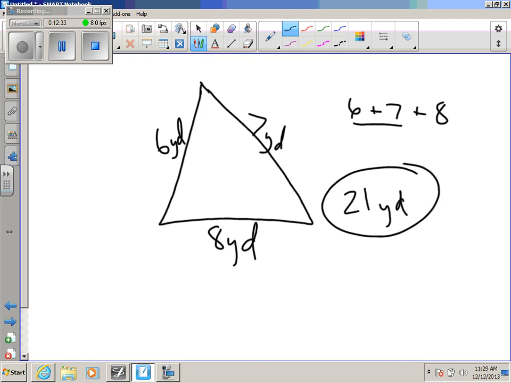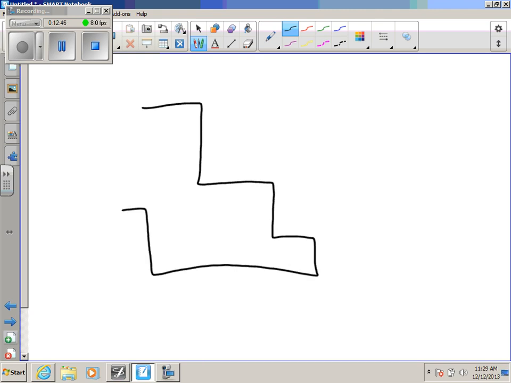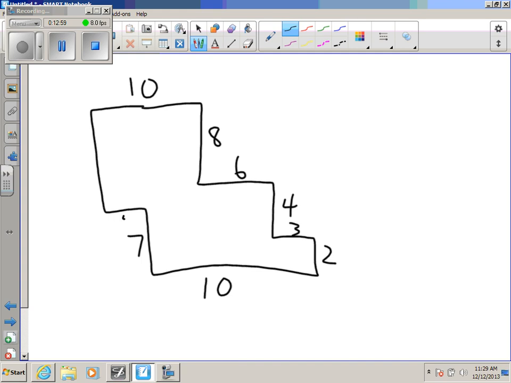Okay, like we said yesterday, sometimes there are not formulas for them. We just have to add all sides. What about a shape like this? Try it.